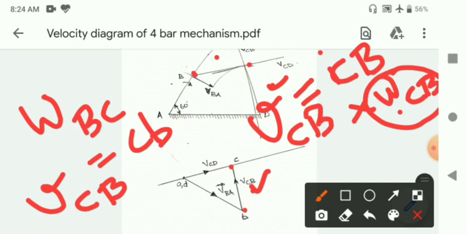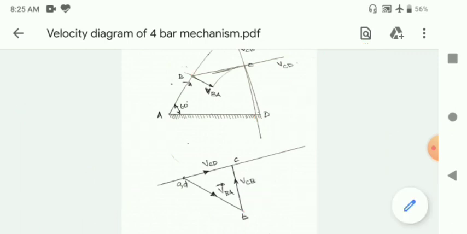But one important thing you must remember is that when we drew the velocity diagram, we had scaled down by a scale factor of 2. So when you take the measurement of CB, you need to multiply it by 2. Then only you will get the value for velocity of C relative to B. So the measurement that you take from the velocity diagram must be multiplied by the scale factor 2. That is what I have done here.